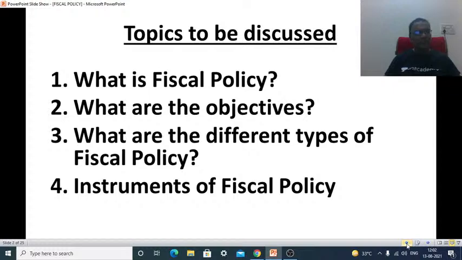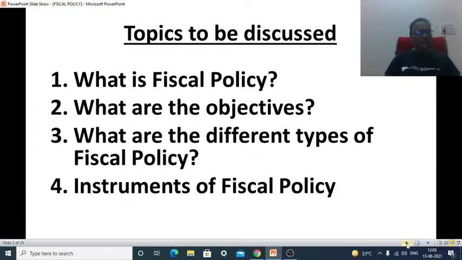In a democratic polity, political parties will have to work for the welfare of people, because of which they have to spend a lot of money. And to spend that money, they also need revenues. So fiscal policy deals with the revenues and expenditures of the government. Fisc means finance. Finances include both revenues and expenditure.